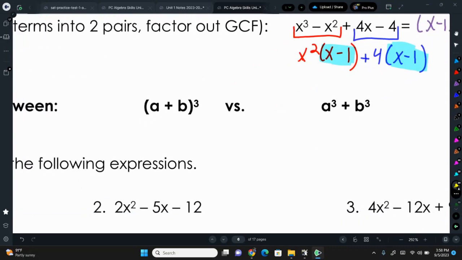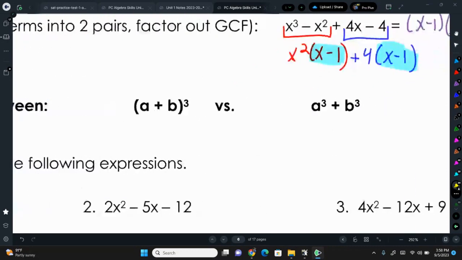Lastly, the difference between (a plus b) cubed and a cubed plus b cubed. We kind of talked about this yesterday. You can't just distribute this cubed. You're going to get a completely different answer. Think about it.